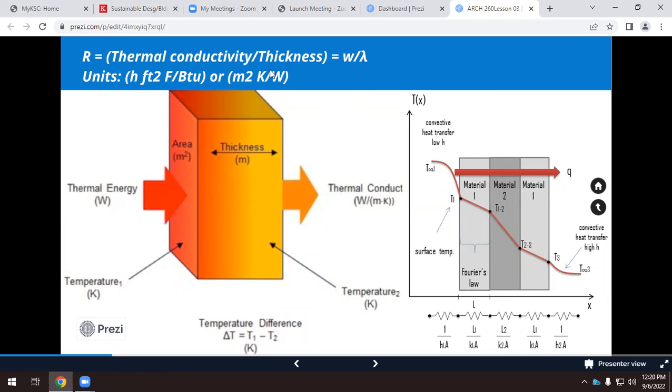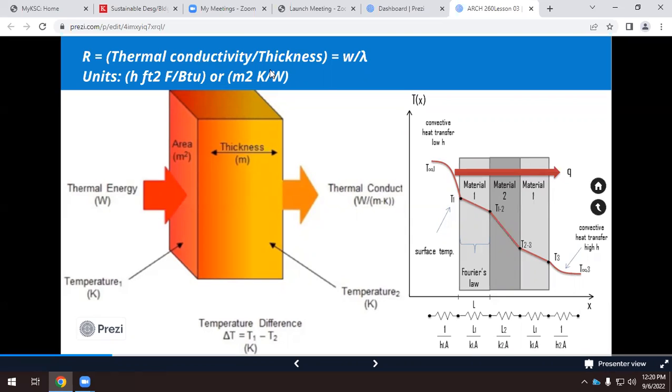So thermal resistance R equals W. This can be D, E, W. It's distance divided by thermal conductivity. This can be lambda or K. Sometimes you will find R. So it depends on the book, and depends on the edition.